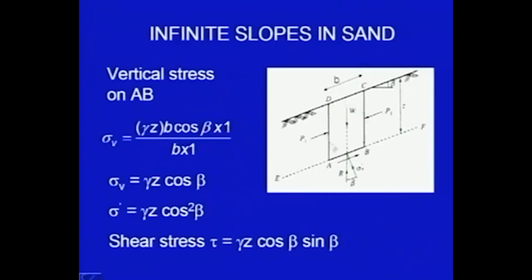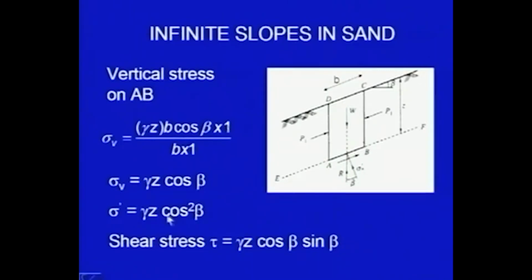The component of weight that is trying to create instability will be that component which is along this tangential direction, and the component of weight which is perpendicular to the plane of rupture is going to give you the stabilizing force.